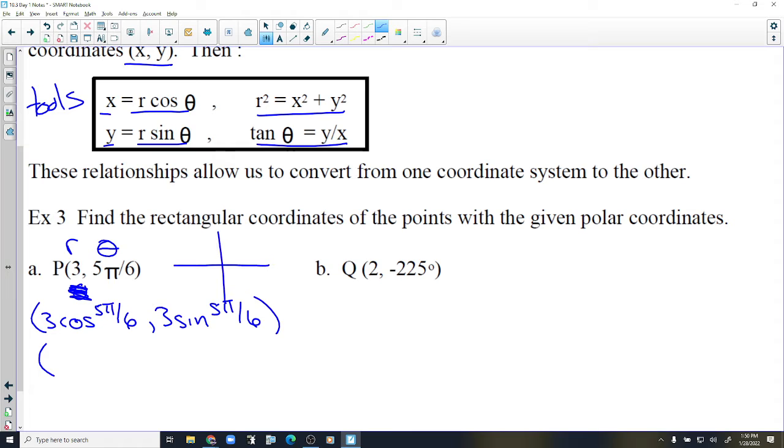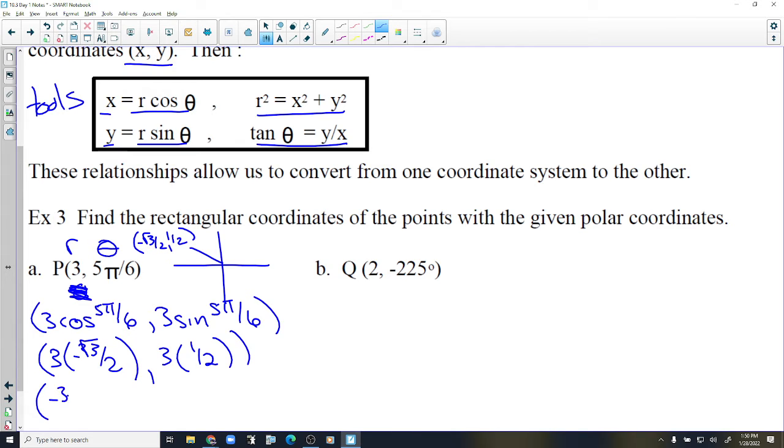Five pi over 6, that's over here. That's negative square root of 3 over 2, and 1/2. So 3 times negative square root of 3 over 2, and 3 times 1/2. Not much you can do there. We could turn them into decimals, but we don't need to do that.